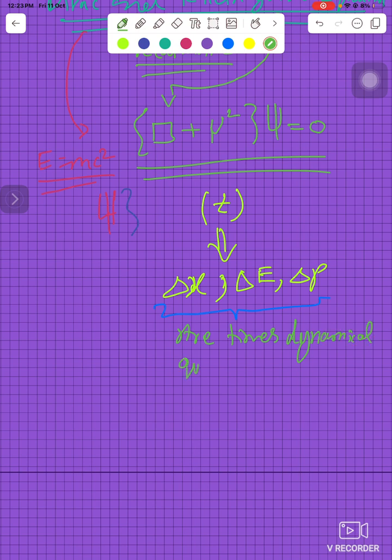Time is independent. It doesn't depend on anything, but everything depends on it. It's a very interesting concept, right? Time doesn't depend on anything, but other things depend on time. If you want to measure position, you need time; energy, you need time; and for momentum, we also need time.